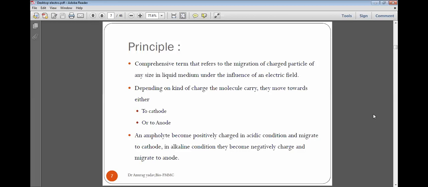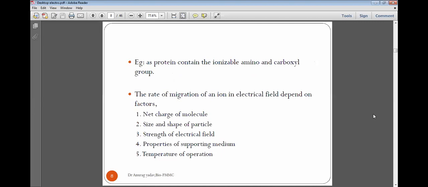So depending on the kind of charge, the molecules move towards either the cathode or the anode. The positive charge will migrate to the negative end, while the negative charge molecules move towards the positive end. So the rate of migration, here the important fact is what? The rate of migration is nothing but the mobility of ions. Because this is the main principle.